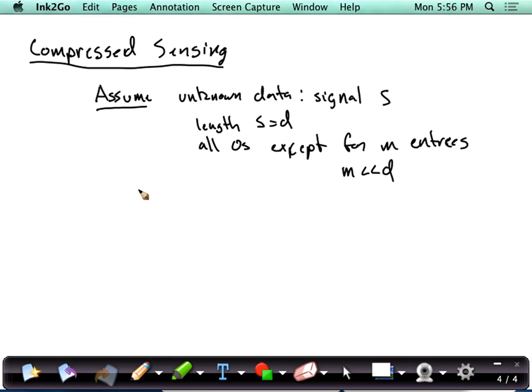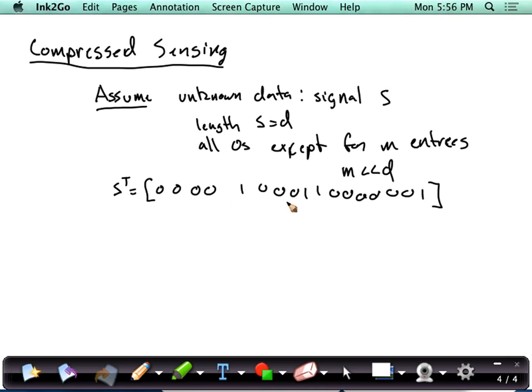So an example of this. Often we'll treat S as a vector. In this case, S transpose would look something like 0, 0, 0, 0, 1, 0, 0, 0, 1. It's going to look something like this. So it's mainly zeros except for a few ones. In general, sometimes you can look at cases where these aren't just ones, but some interesting value.